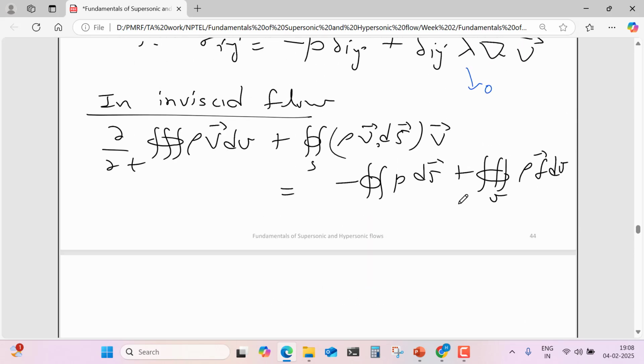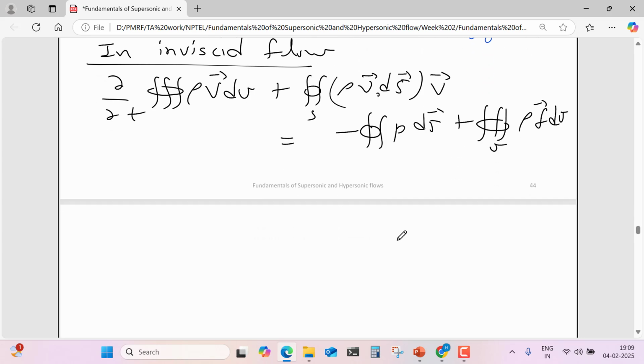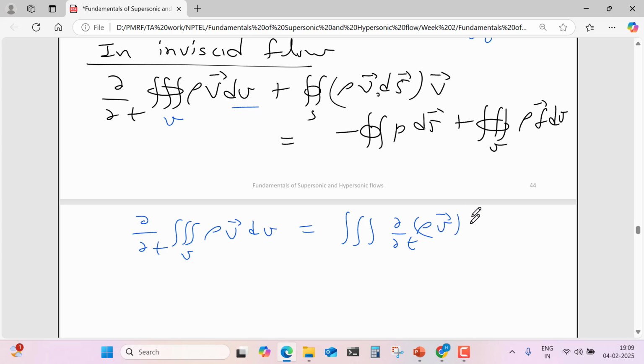So this equation also we can write in differential form. Like we have seen before, this control volume is fixed, so this limit will not depend on time. So we can write the first term, dou by dou t triple integration rho v dV, equal to triple integration dou by dou t rho v dV.